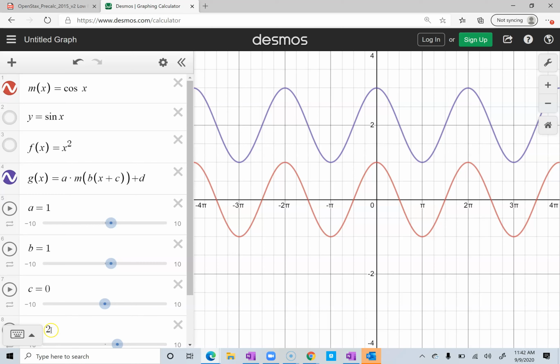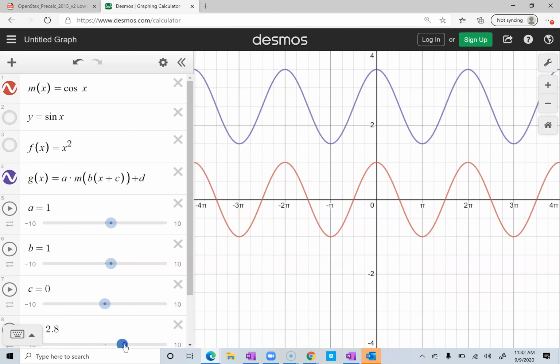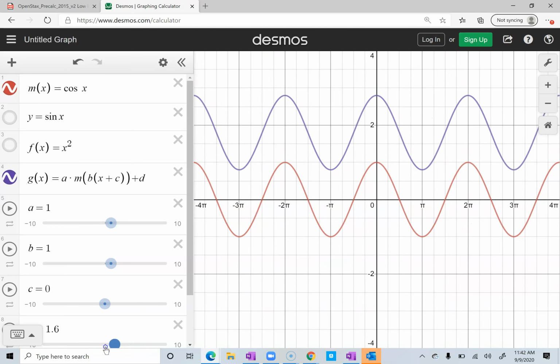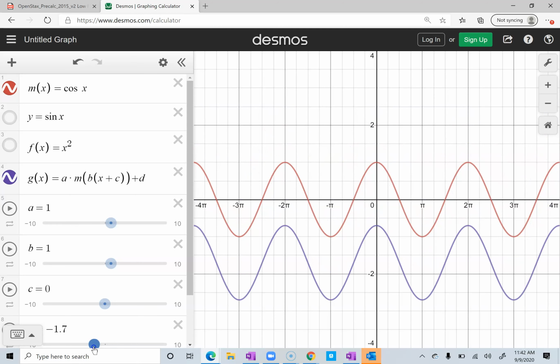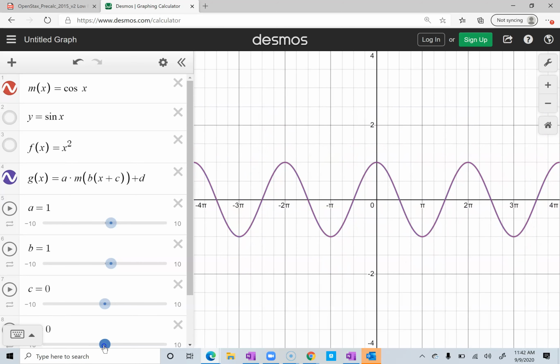Y'all see how it's 2? Do y'all see how 2 is the line that splits it in half? We call D the midline. Okay? All right. So we know that a D change will shift the whole parabola, will shift the whole sine or cosine wave up or down.